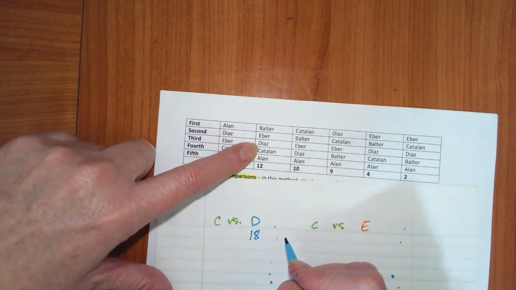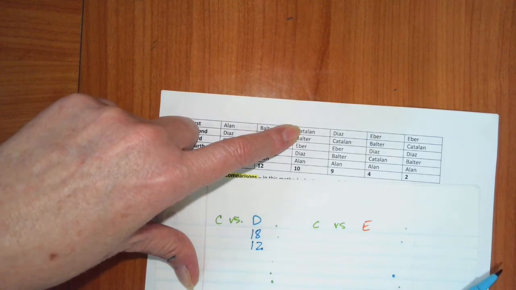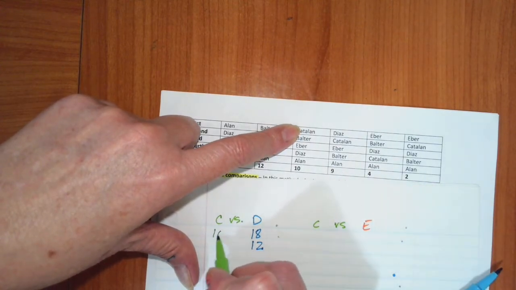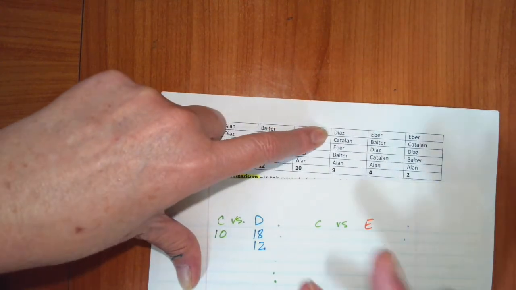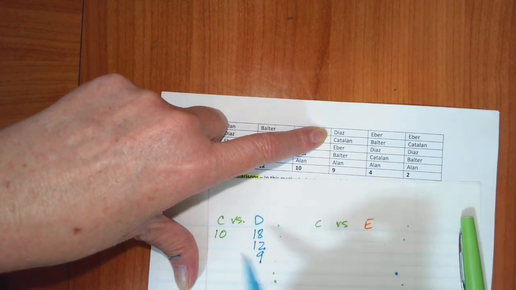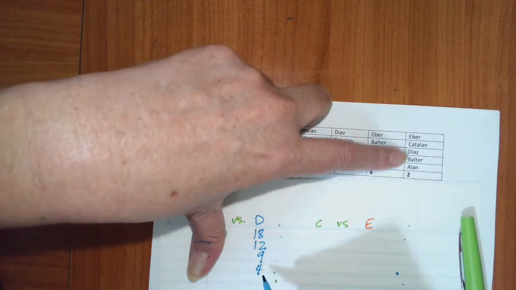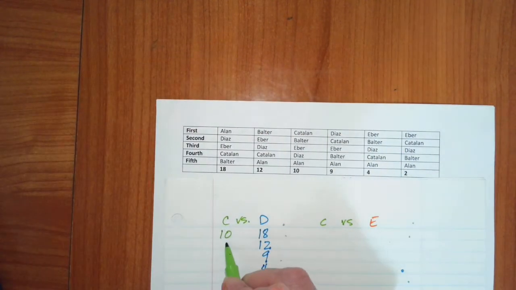Here, Diaz is ahead, so 12. Here, Catalan gets these 10 votes. Diaz gets 9. Diaz gets 4. And finally, Catalan gets 2.